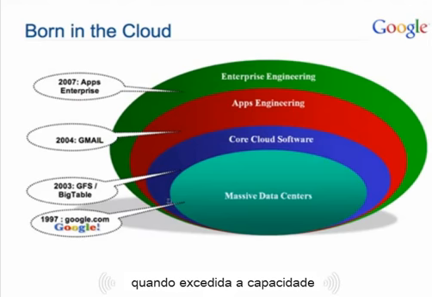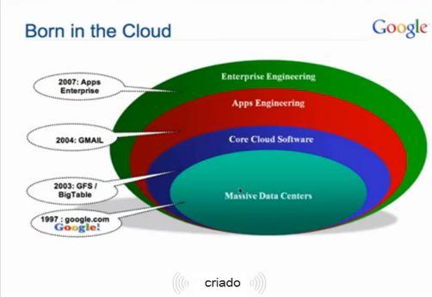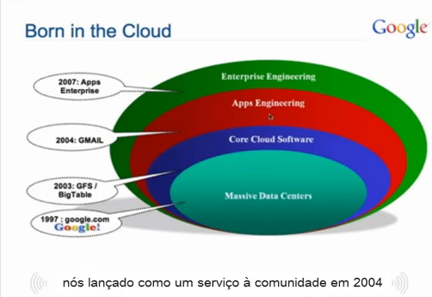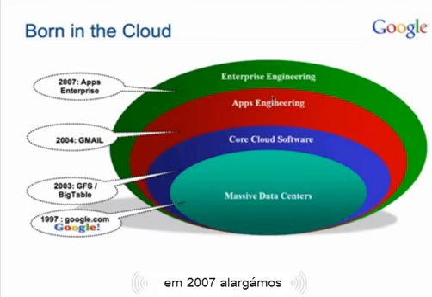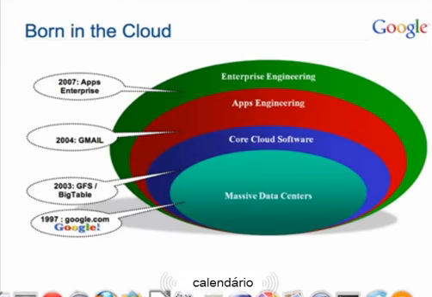When we exceeded the capacity of traditional software, we ended up building our own. That activity generated so much mail that our engineers created a tool to help manage very large volumes of email. We released that as a community service in 2004, and in 2007 we extended that service to include other utilities such as word processing, spreadsheets, presentations, etc., calendar.